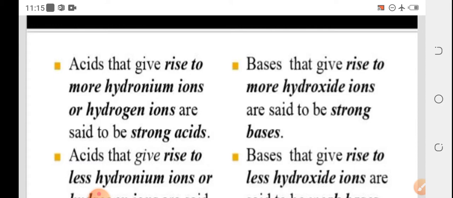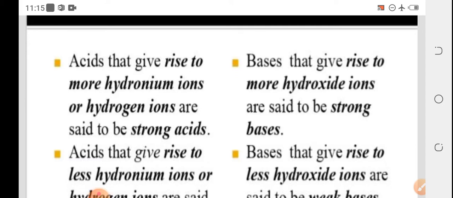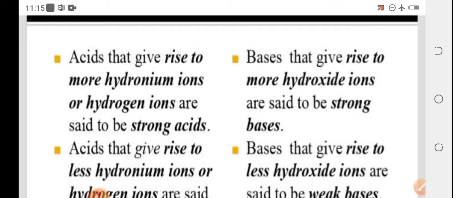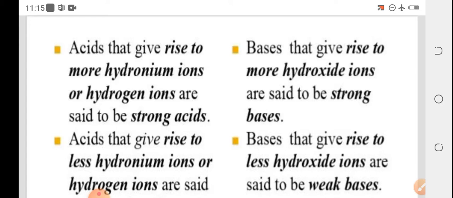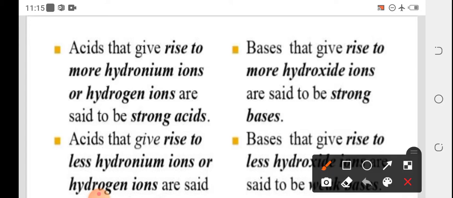We have one more definition about strong and weak acids, strong and weak bases. Acids that give rise to more hydronium ions, that is H3O plus, or more hydrogen ions are said to be strong acids. Hydronium means what? H3O plus.